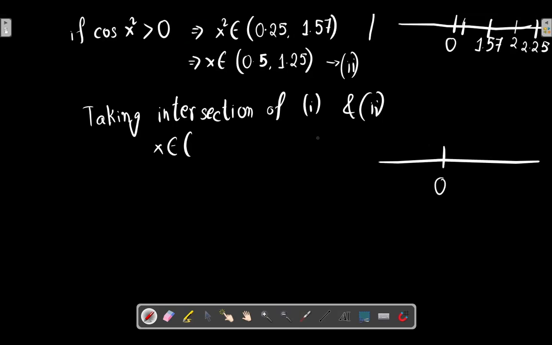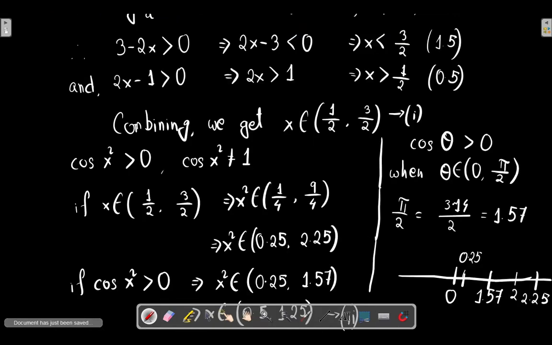If we have 0 here, say 0.5 here, 1 here, 1.25 here, and then 1.5 to the right of that. If we were to take the intersection of 0.5 to 1.25 and 0.5 to 1.5, the smaller region will be the common part, right? So intersection will give us x belongs to 0.5 to 1.25. So far this seems to be the range of x.